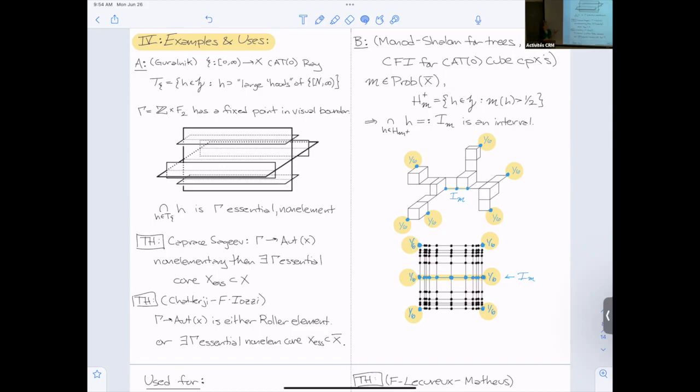Here are some examples. I have this CAT(0) cube complex. I put 1/6 at these 6 points, and then I get an interval here. Over here, this is Z squared again. I look at these 1/6 measures, and then I get this as an interval. So you could play with a tree, take some very complicated measure, and you will get an interval again.